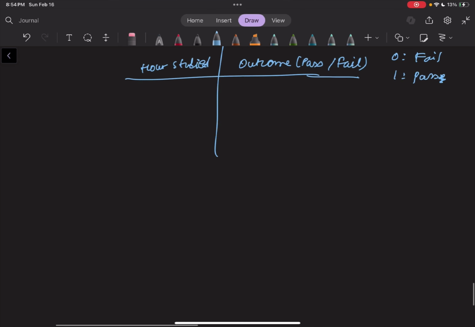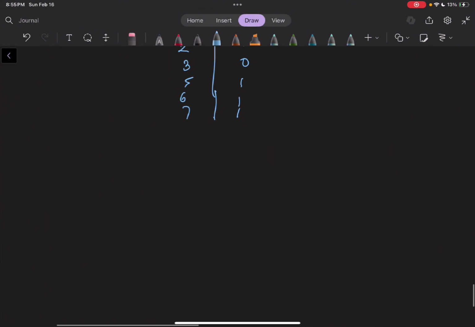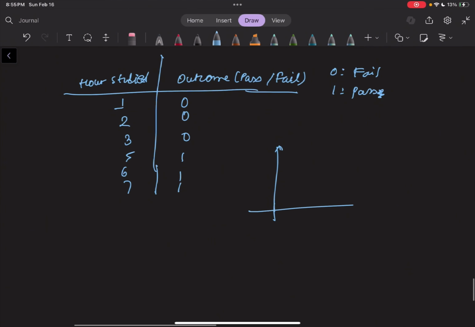So 1 hour of study failed, 2 hours also fail, 3 also fail, but 5, 6, 7, let's say, pass. So on the graph, we plot 1, 2, 3, 4, 5, 6, 7 on one axis, and 0 and 1 on the other. The points go here, here, here, and here, here, here.